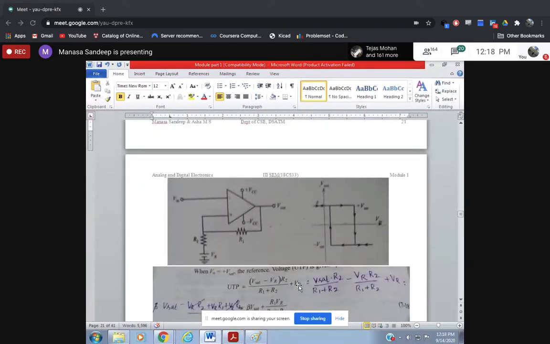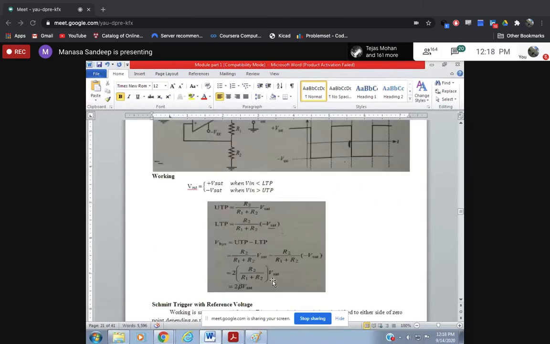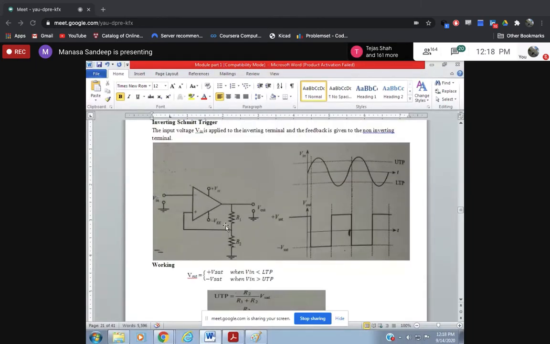Now here we didn't apply any external reference voltage, correct? So what was the reference voltage that we had here? Just by using the UTP and LTP voltages from the output, it is zero reference voltage here. That's why the hysteresis was origin centered, correct?